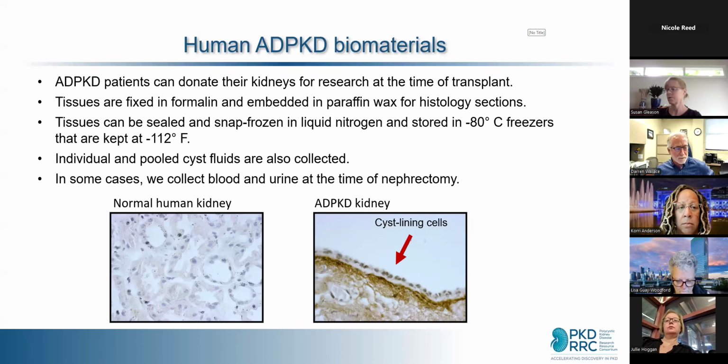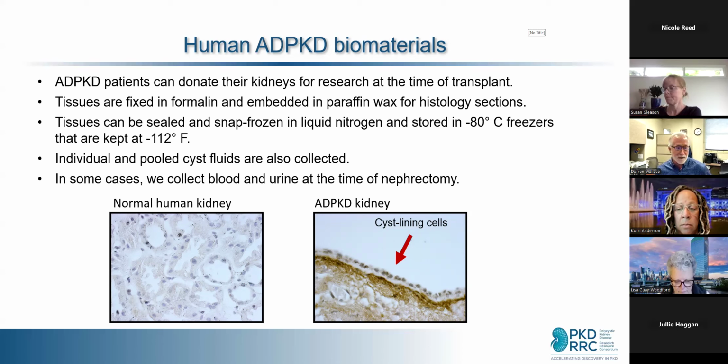Okay, so patients with PKD can donate their kidneys for research at the time of transplant. This is something that we've been doing for a long time. I actually work with the PKD Foundation and helped them establish a tissue donation program where patients can contact the foundation, and then we can make arrangements for kidneys to be shipped from their hospital to our core facility.